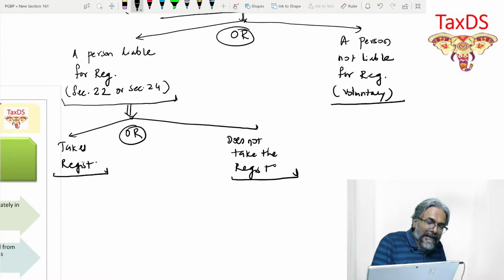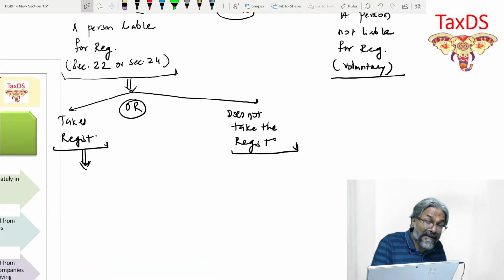In case he is taking the registration, students, what will happen? Now there are again two things. That is the loop which is getting created, and this diagram will be beneficial for all the students.